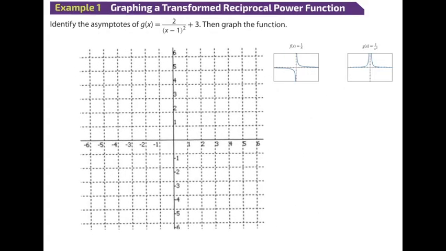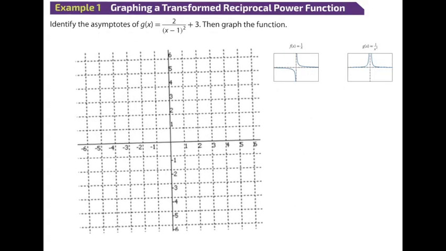So what do you think this -1 is going to do on the inside? It's going to shift it left and right. Specifically, remember on the inside, it does the opposite of what you would think. So it's going to shift it right, okay? So instead of being at (0, 0), I'm going to move over 1. All right, this 3 on the outside, what is it going to do to it? It's going to shift it up 3.